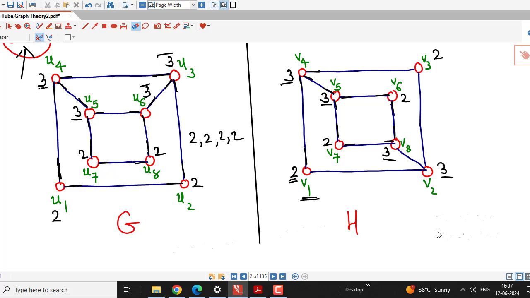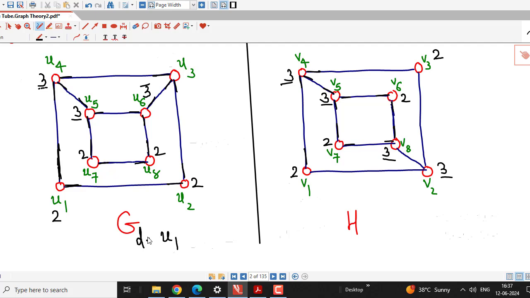Now we can check the adjacency structure. Suppose we consider this vertex U1.